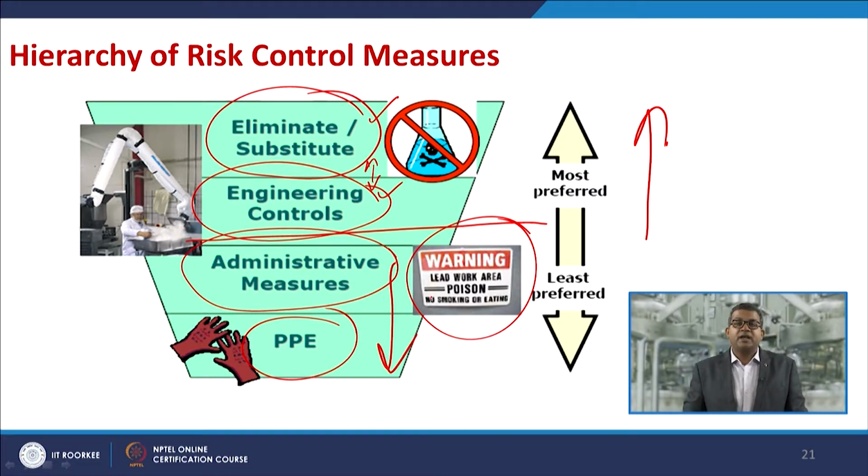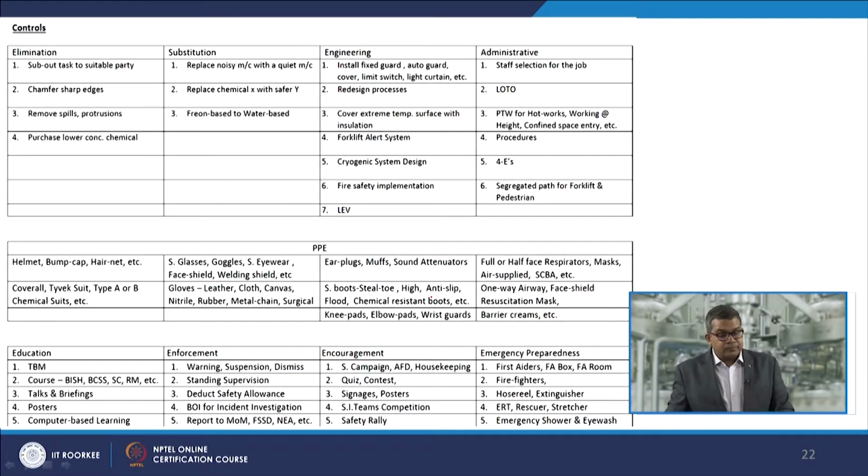The reason is that personal protective equipment should be used as a last resort, like the display of warning placards. It is the last resort, because you are unable to eliminate, you are unable to substitute, and you are unable to manage those things through your engineering control practices.